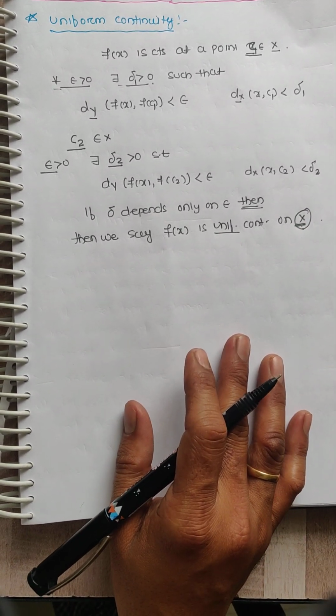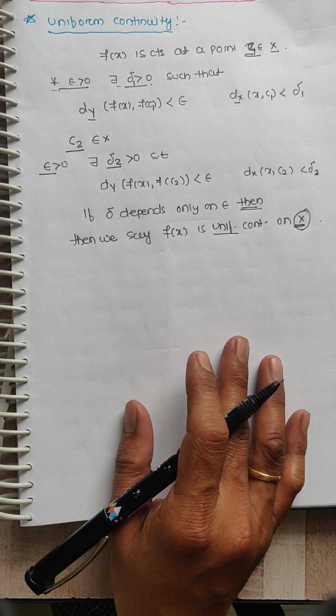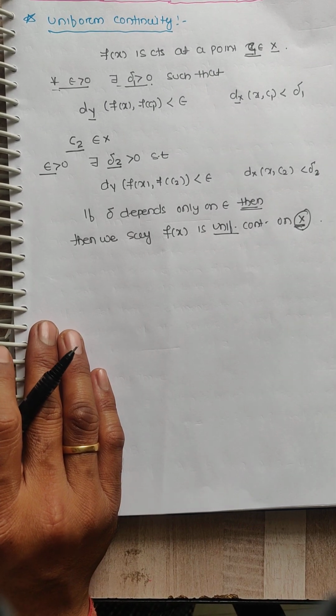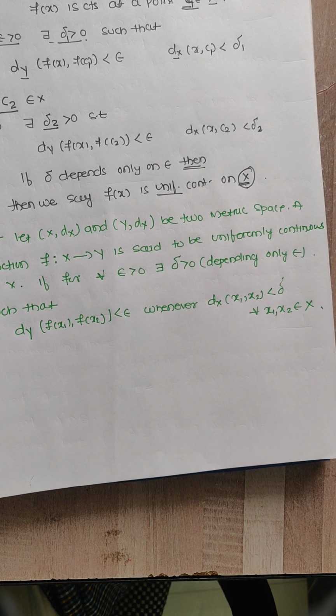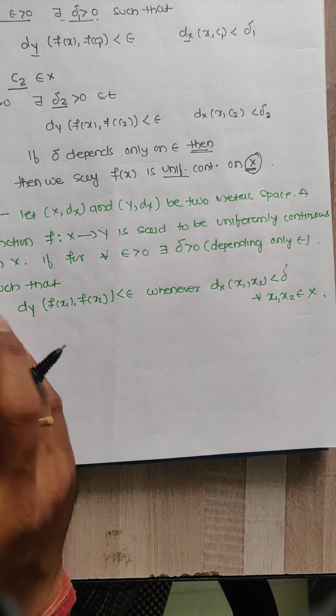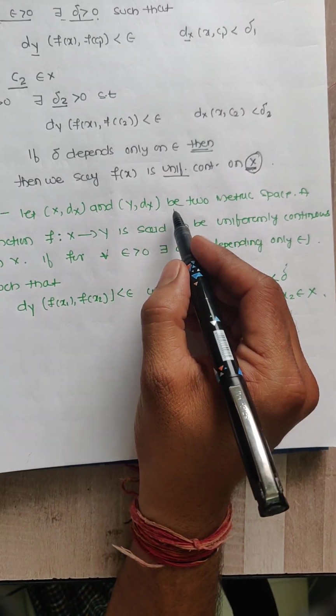Now I am writing the proper definition of uniform continuity. Let (X, dX) and (Y, dY) be two metric spaces.